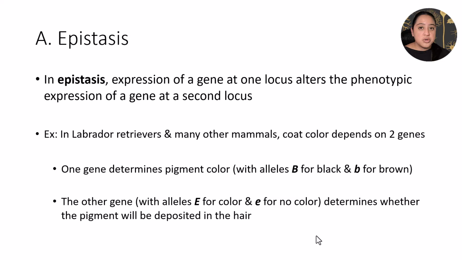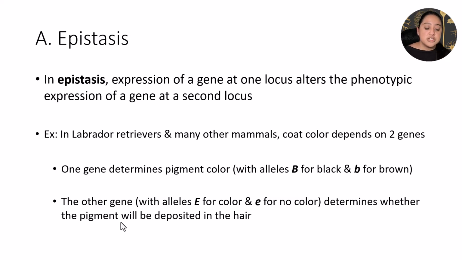In Labrador retrievers and many other mammals, actually, the coat color depends on two different genes. There's one gene that we could say is B because it codes for the pigment color. That one determines which color it is. The other gene determines if there's a color or not. So one is like the on-off switch for the other one, basically.